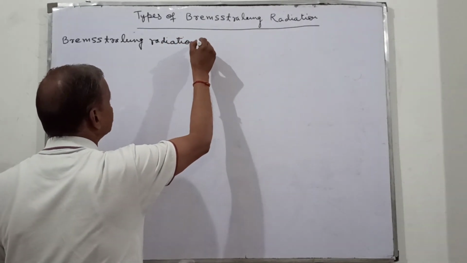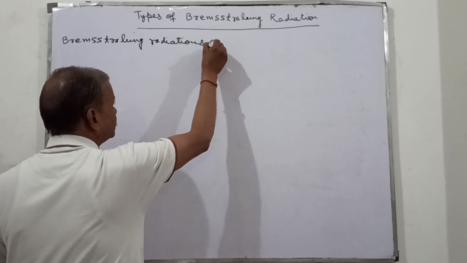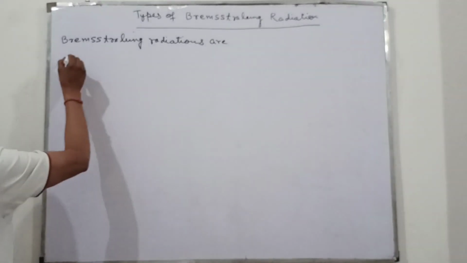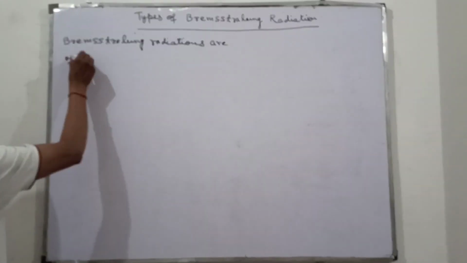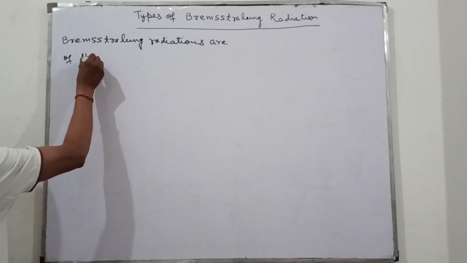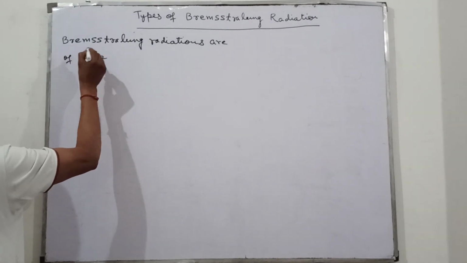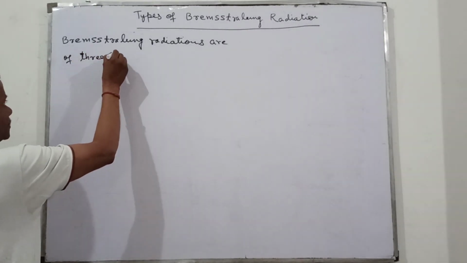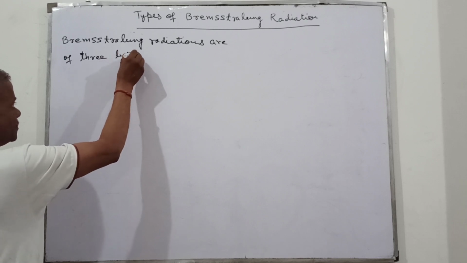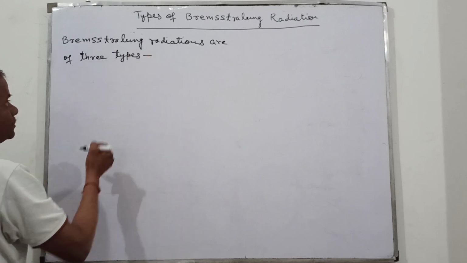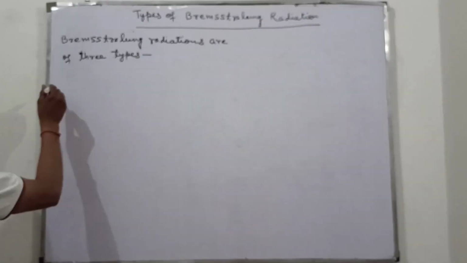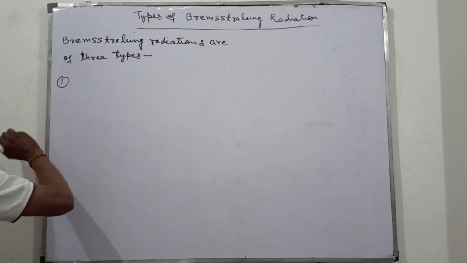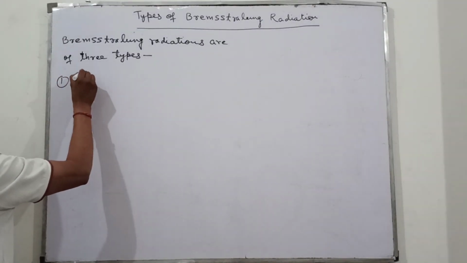Radiation are of three types. Number one, free radiation.